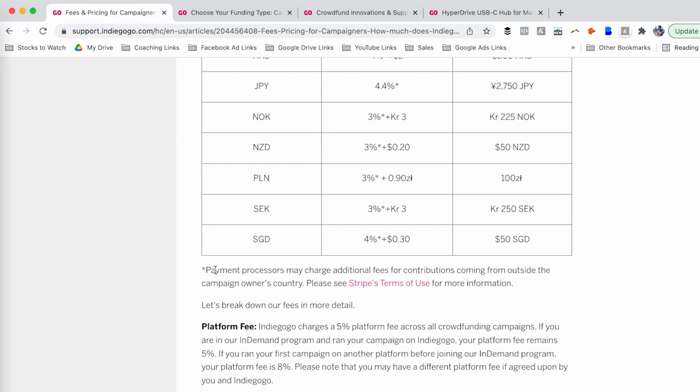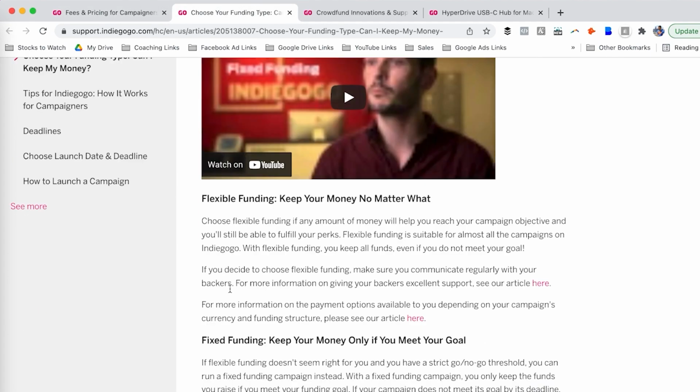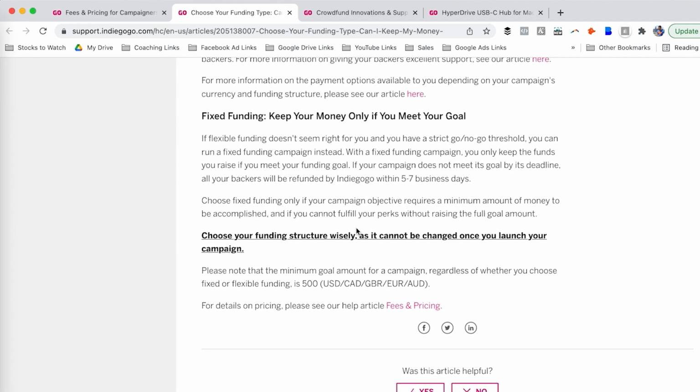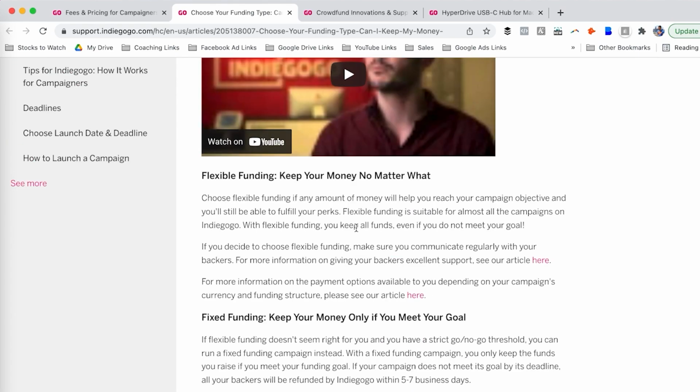Those kinds of things. The other big distinction here is the type of funding that you are doing. Okay, so first of all, there are two types of funding: fixed funding and flexible funding. You can learn more about this on the actual website. I also have a great video out there on YouTube. So when it comes to fixed or flexible funding, what is the difference? Flexible funding is when, let's say you run a campaign with a $10,000 funding goal.